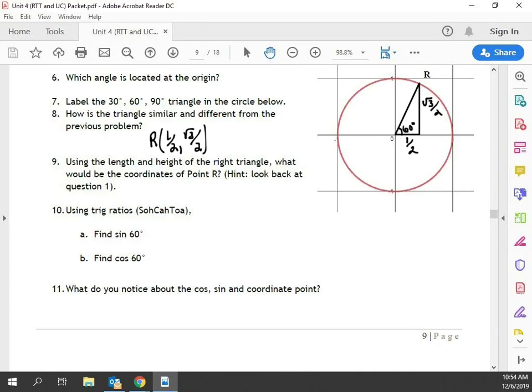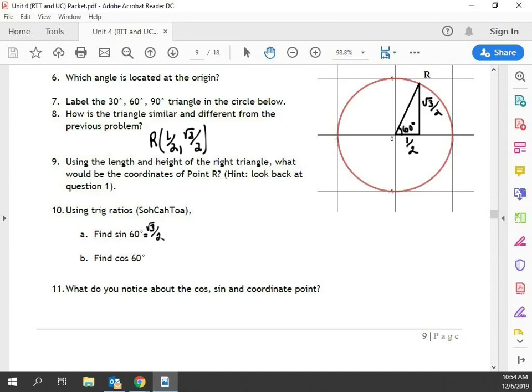So with that, guys, and talking about our newfound information, what is going to be the sine of 60 degrees? Good. How'd you find that? Well, he says it's root 3 over 2 because for 60 degrees, the length that's opposite is root 3 over 2.